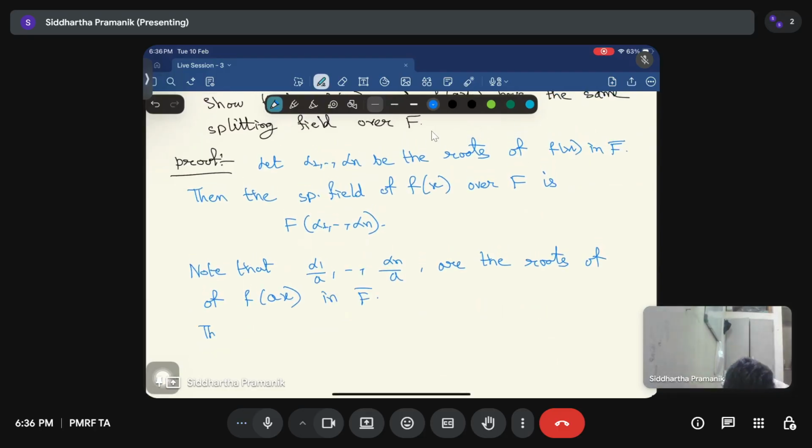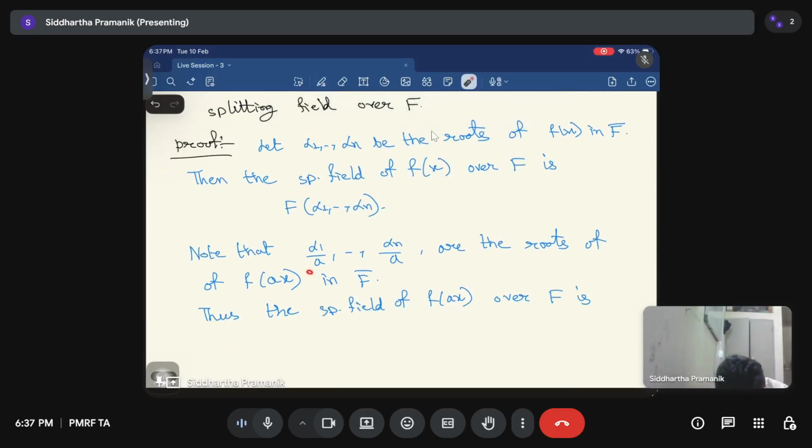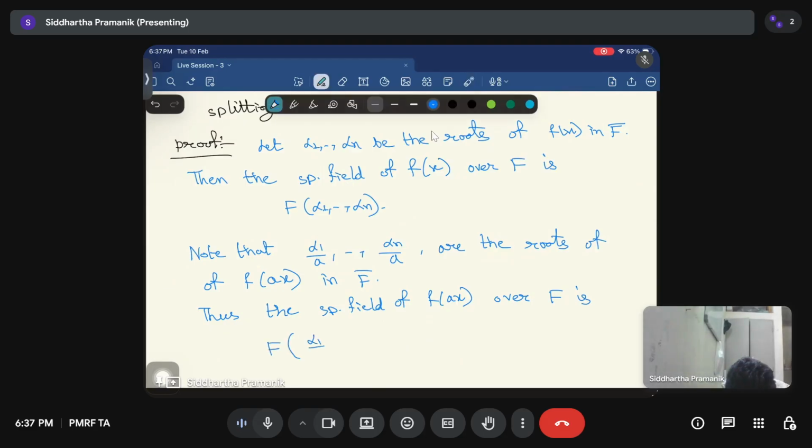So thus the splitting field of f(ax) over F is, so we know the roots, right? We know the roots of this polynomial. So just attach the roots to the base field. So this is the base field F. Now you attach the roots alpha 1 by a up to alpha n by a.